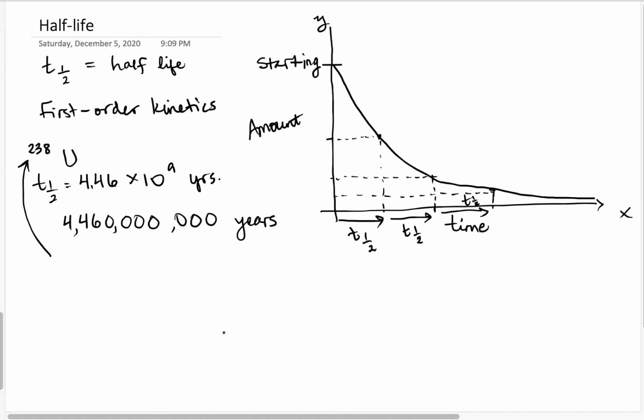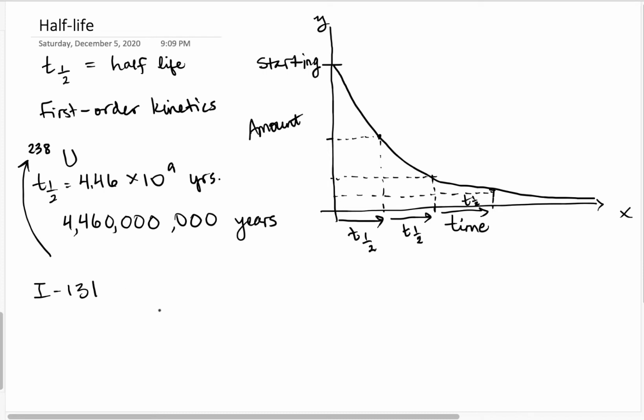So let's talk about some of our radioactive isotopes that maybe have a slightly longer half-life, and we can kind of see an illustration of what this looks like. So let's think about iodine-131. This is a radioactive isotope.